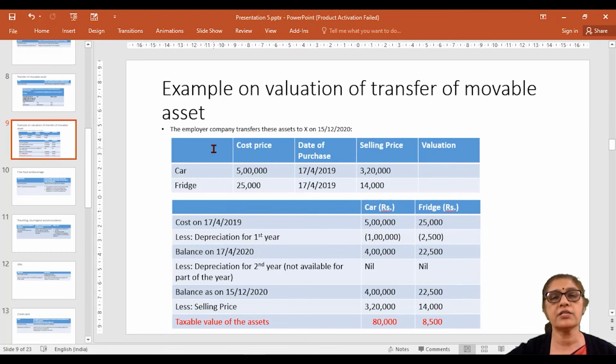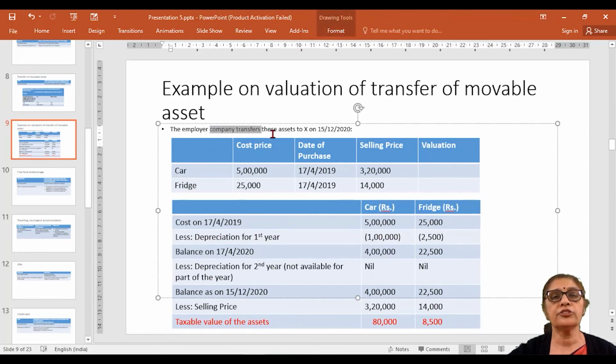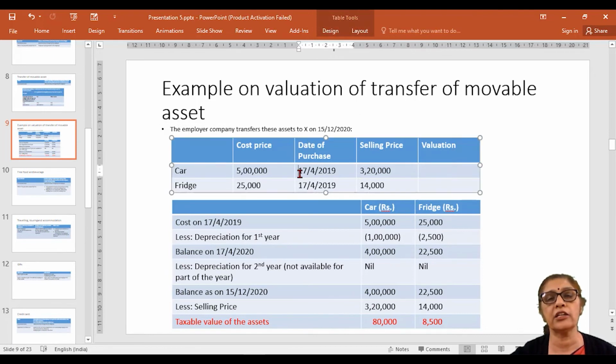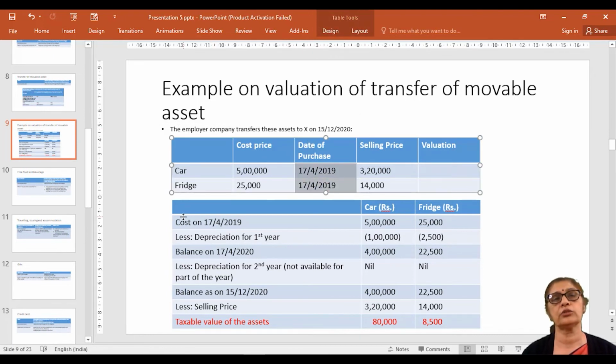So we have a case here. The company transfers the assets, which assets? Car and fridge on 15 December 2020. So the assets have been transferred on 15 December 2020, but they were purchased by the employer on 17th April 2019.